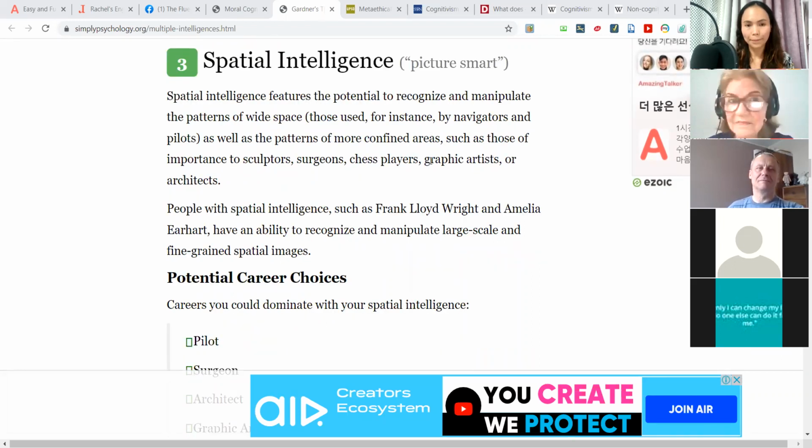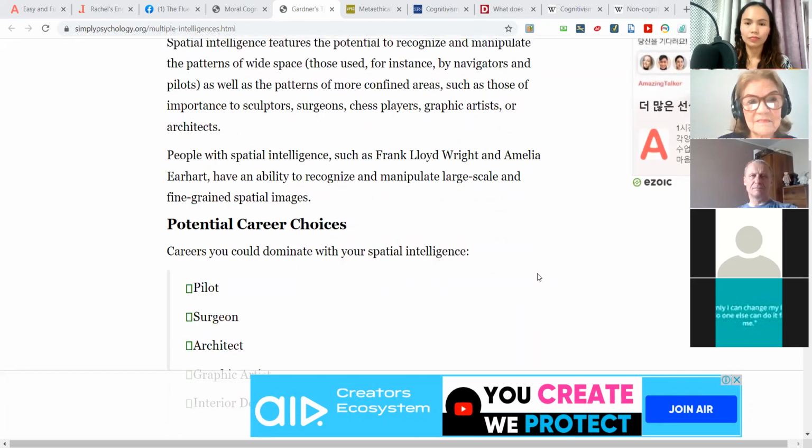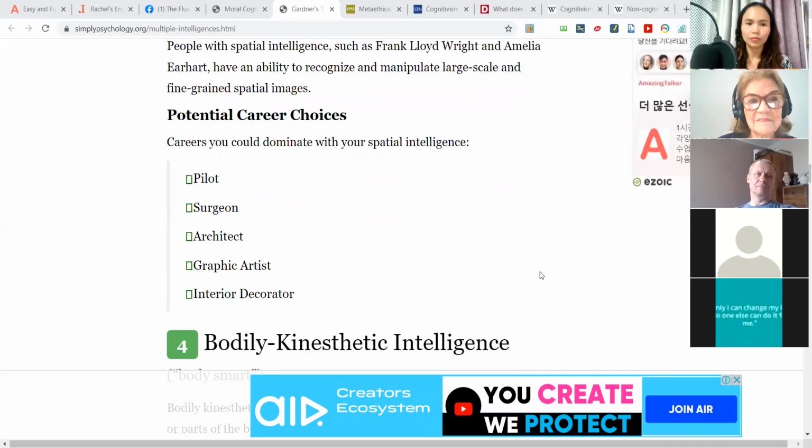People with spatial intelligence, such as Frank Lloyd Wright and Amelia Earhart, have an ability to recognize and manipulate large-scale and fine-grained spatial images. Potential career choices: pilot, surgeon, architect, graphic artist, and interior decorator.